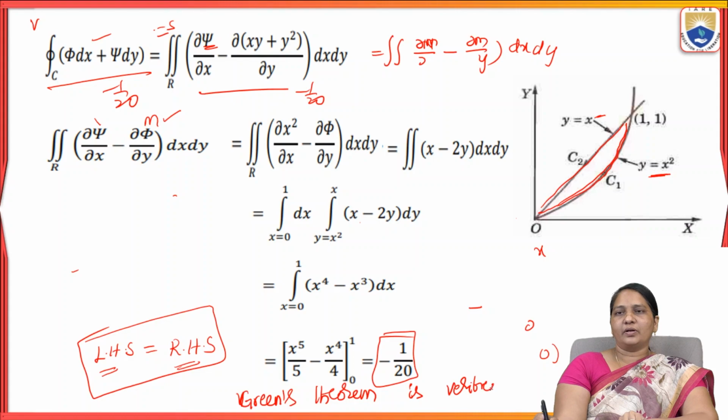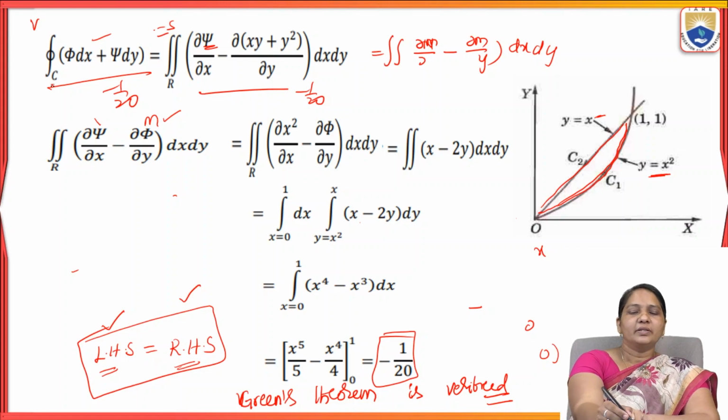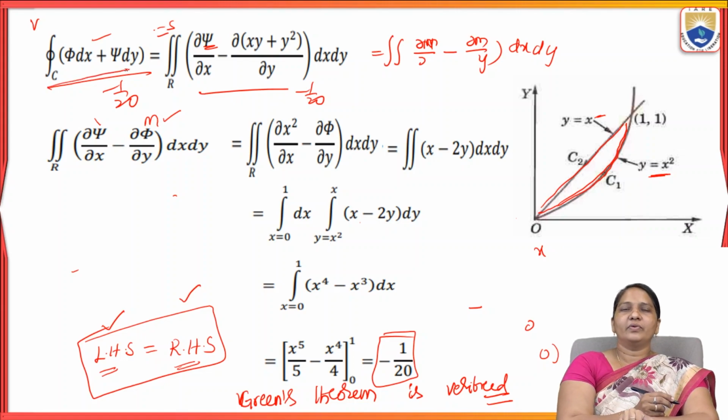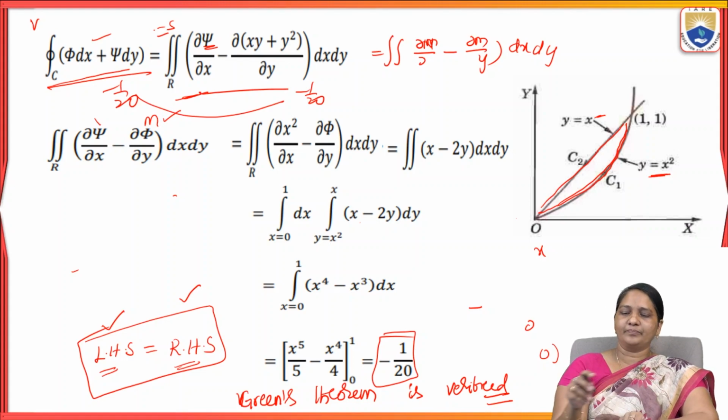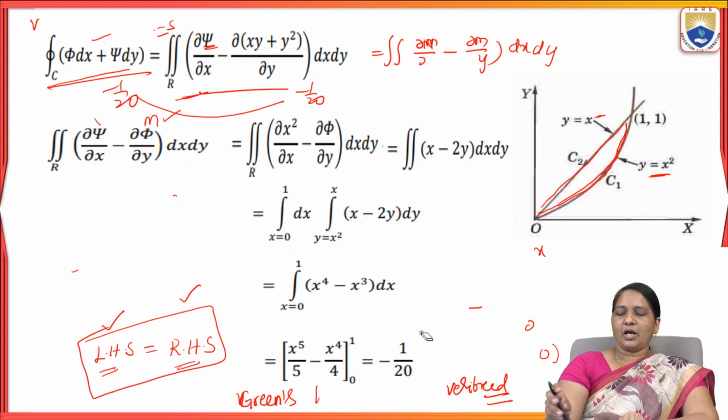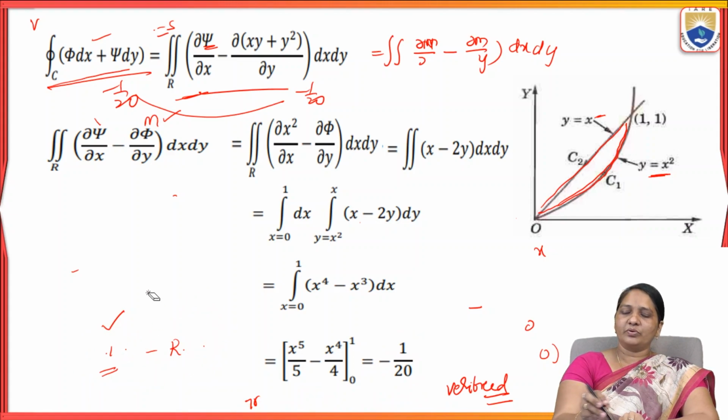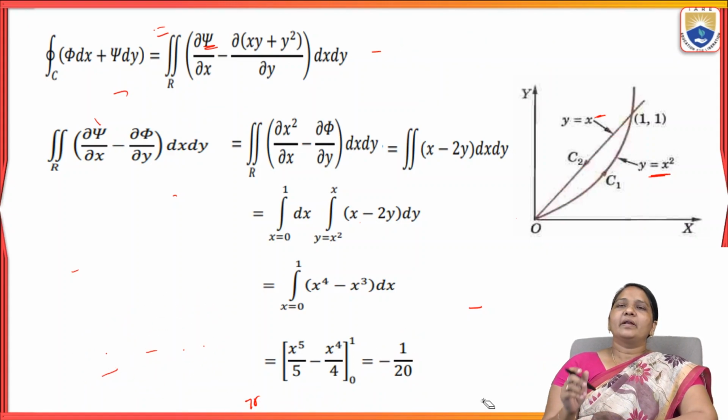We can say that Green's theorem is verified if LHS equals RHS, that means this line integral value we calculated and this double integral value both are the same. I hope you got the clarity about this problem. To get a better understanding about this type of problem, I am moving to one more problem.